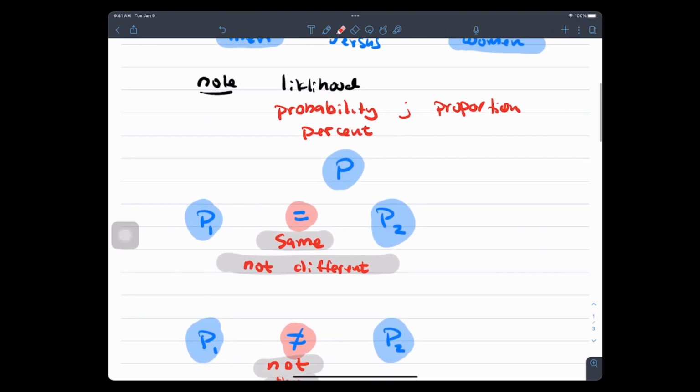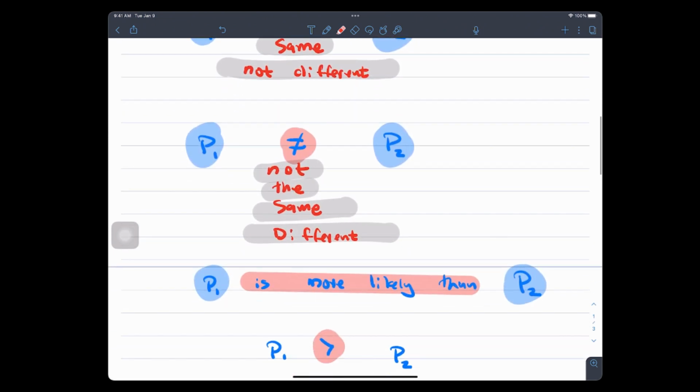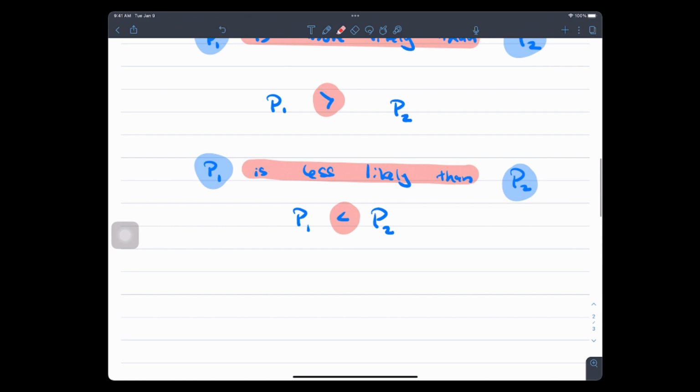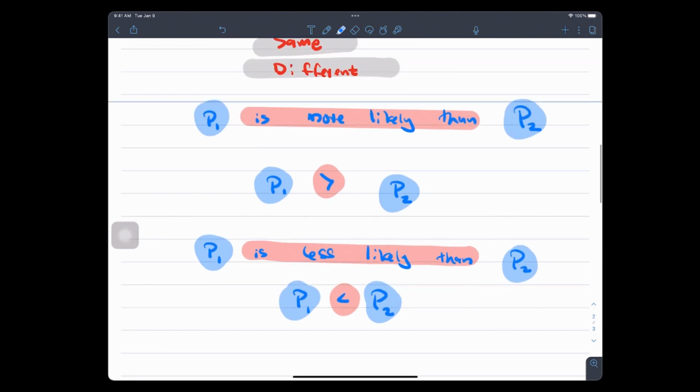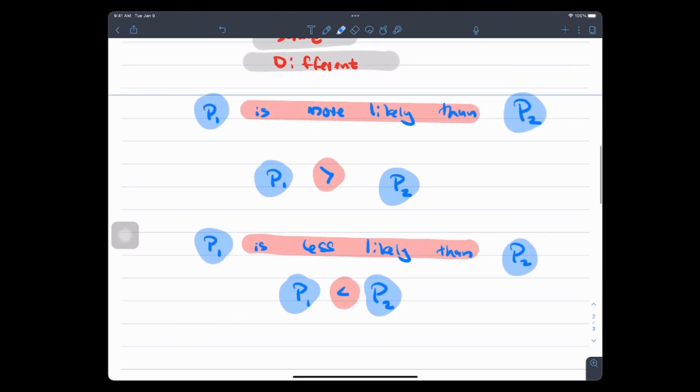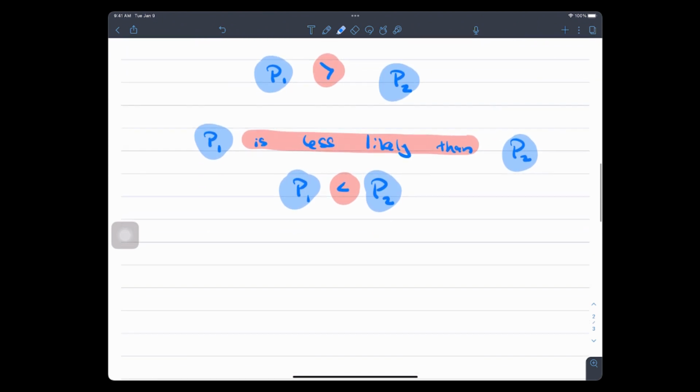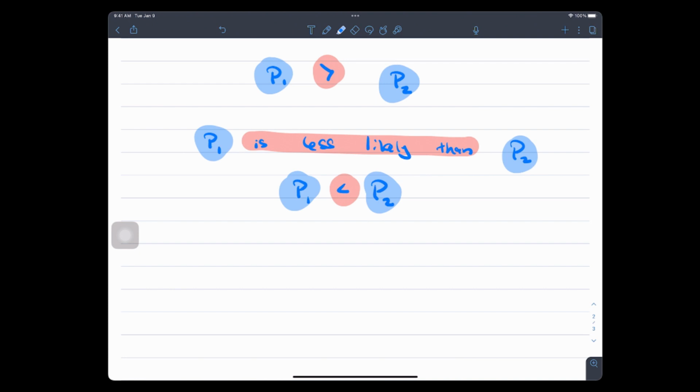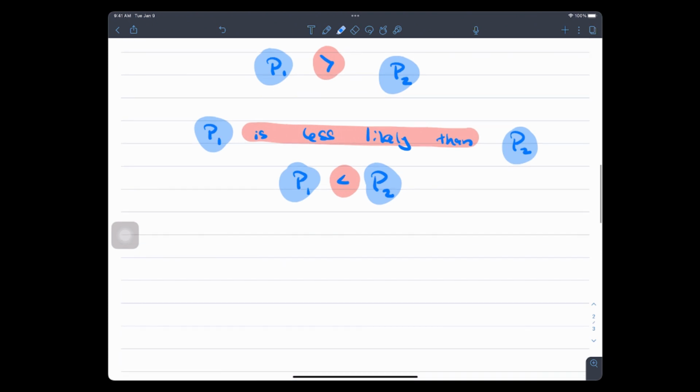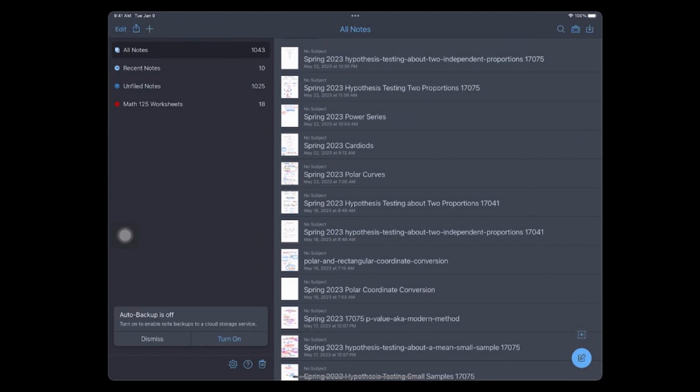See these words? Okay, you guys okay with these kind of phrases? Not so bad? It's really not that bad, but you do have to understand this fundamental relationship, and you're comparing two proportions.